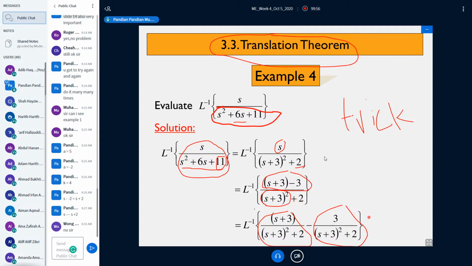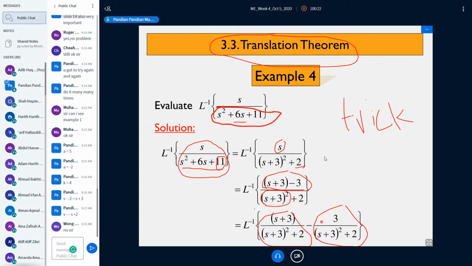That's why you got to study this, practice more, and try more exercises. If you don't want to do it this way, you want to do a different way, can, but the final output must be the same, because this is already a fixed, precise, exact problem.